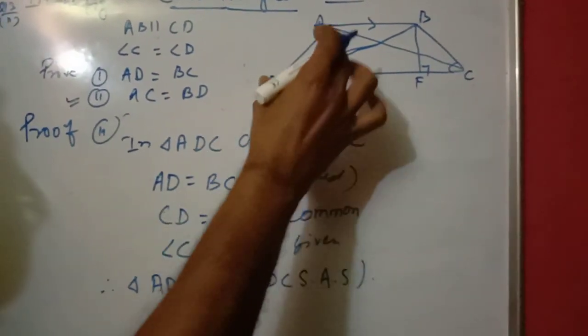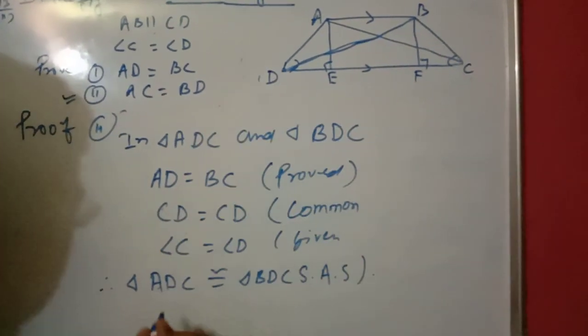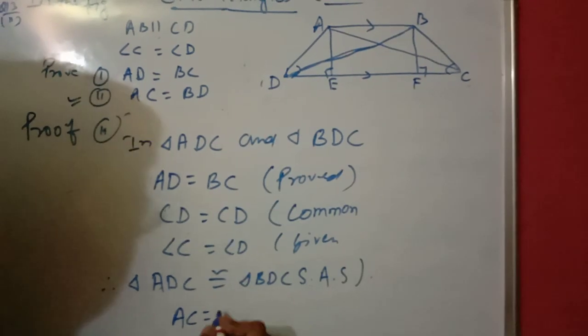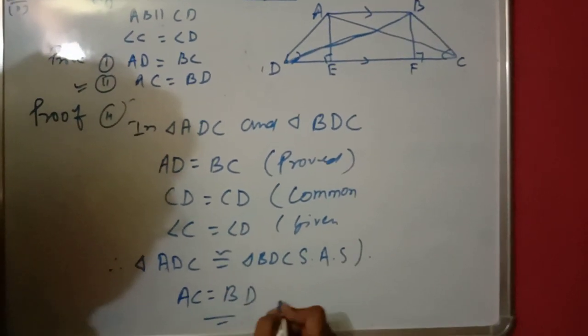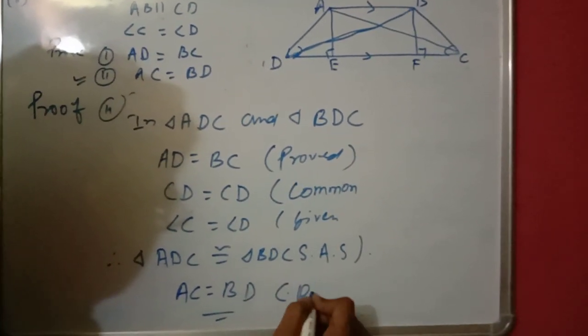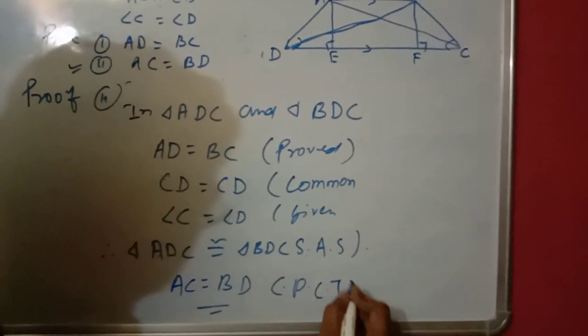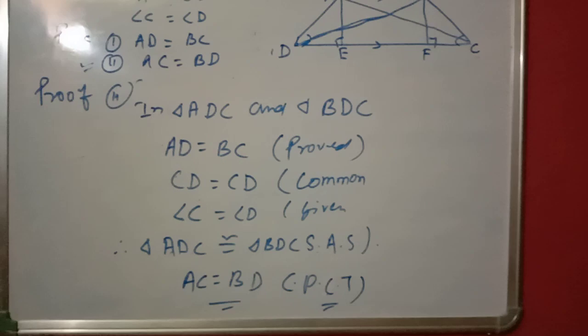Therefore, by CPCT, AC equal to BD. So this is the second part.